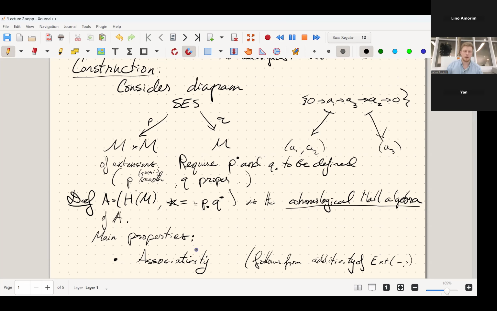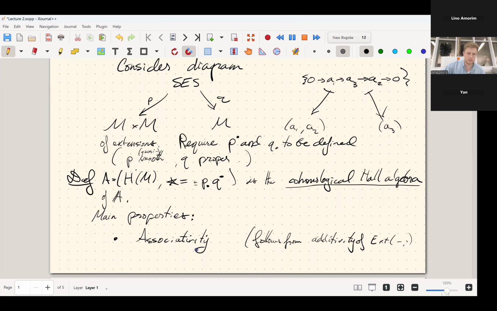In order to define a multiplication map, we need to be able to pull back via the map P and push forward along the map Q.